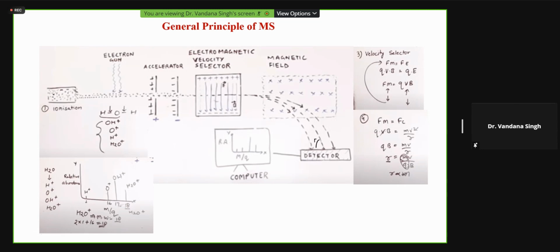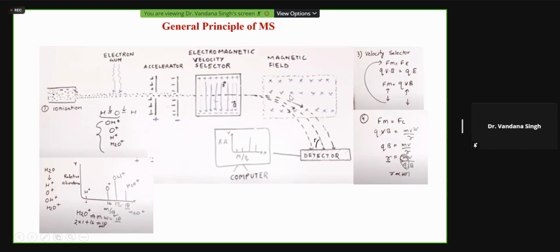So the charged molecules that are the analyte, in this case these fragment ions or molecular ion, that is H2O plus, are reaching this analyzer that has the magnetic field. And because these are charged molecules moving in this field at a certain speed, it will provide a centripetal force to these charged molecules.